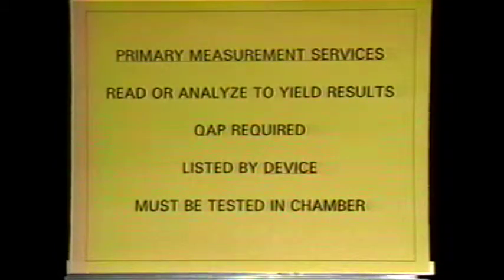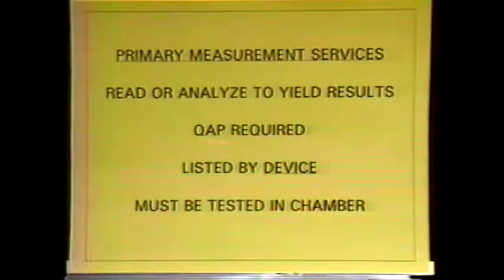That is, if you're using a continuous radon monitor, whereby you actually get the radon concentration values right there, or if you're a laboratory analyzing charcoal cans and coming up with the radon concentration in picocuries per liter, then you are a primary. If what you're doing is deploying the detectors but not reading them to get the final concentration, then you will be listed as a secondary measurement service.